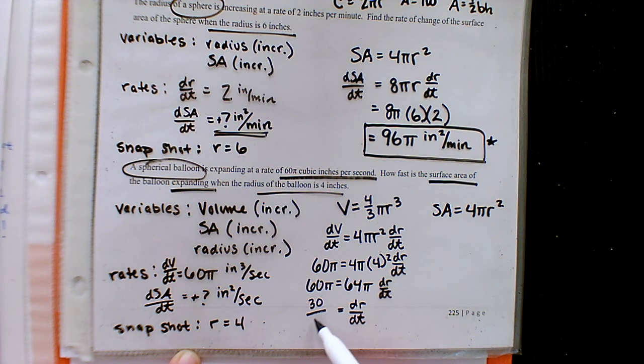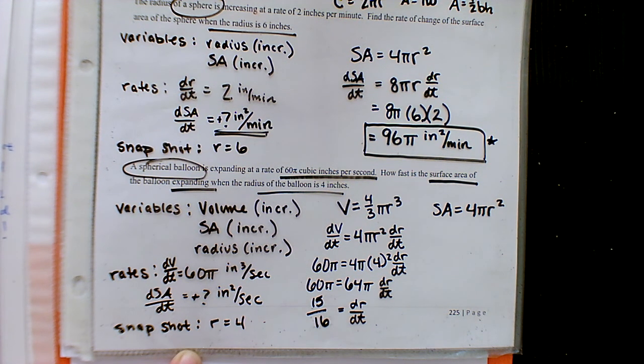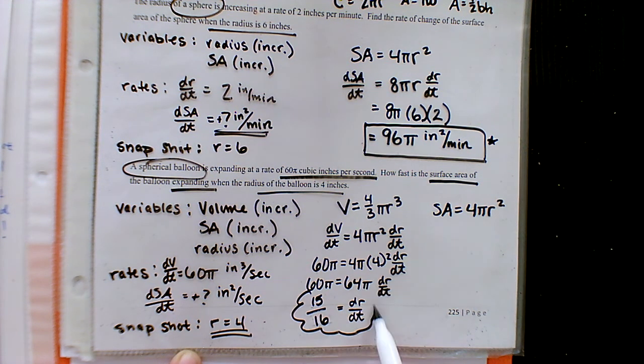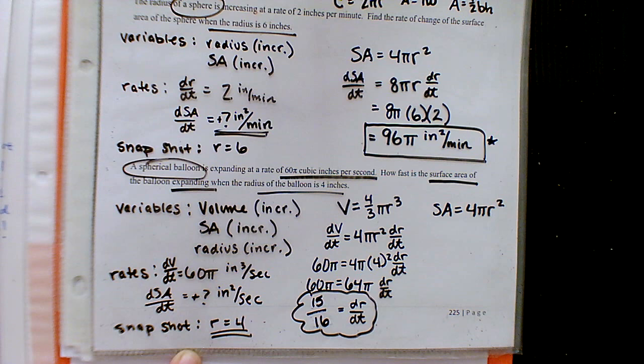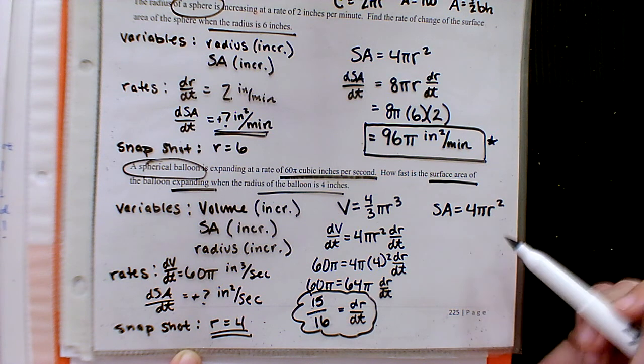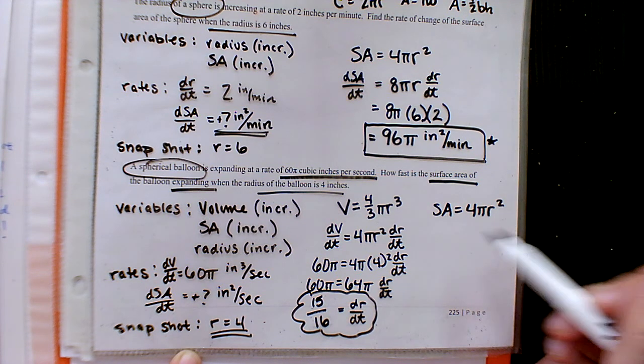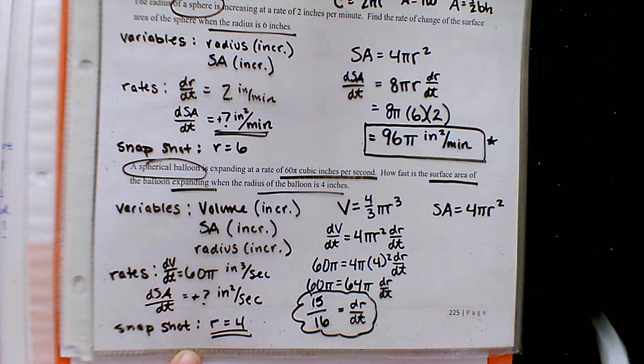We'll have 30 over 32, but 2 can go into those. 15 sixteenths. Okay, so at this point in time, during our snapshot moment, we now know the rate at which the radius is increasing. So maybe we can use that to our advantage to actually figure out the surface area rate.